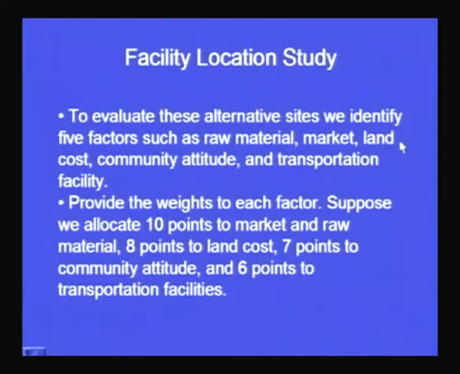You can see land cost on your screen is one of the factors which has been identified. So, a weightage of 8 points has been given to the land cost, 7 points to the community attitude, and 6 points to the transportation facility. So, we are giving the maximum weightage to the market and the raw material, and the minimum weightage we are giving to the transportation facilities.